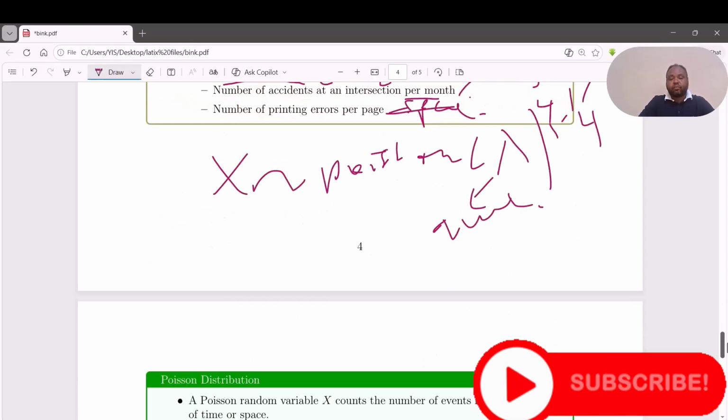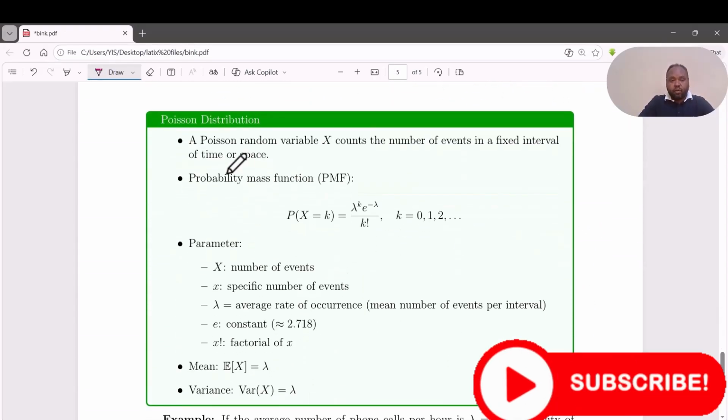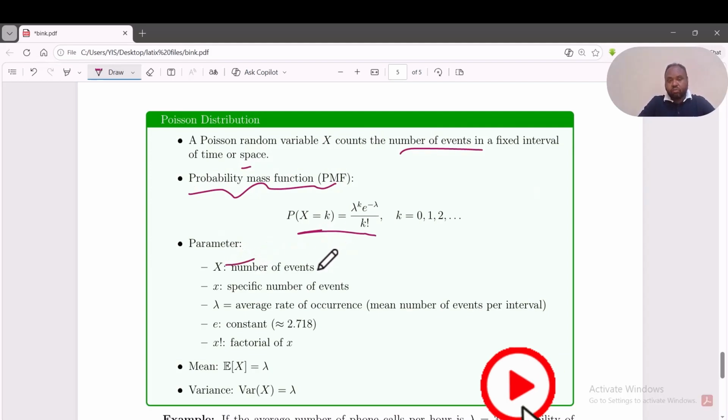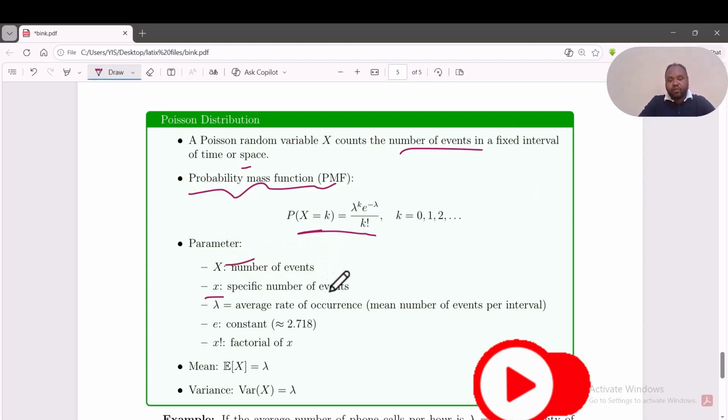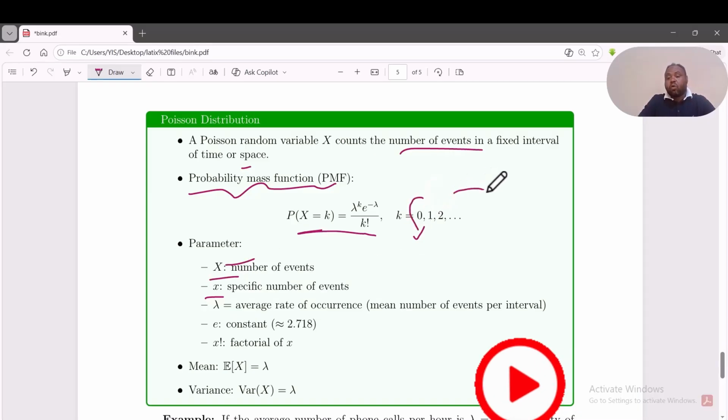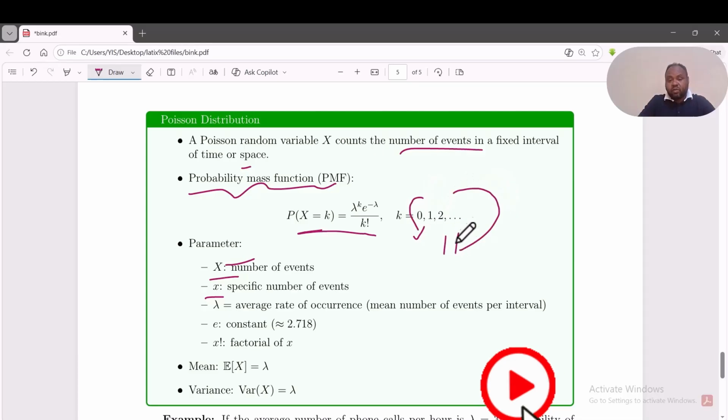So a Poisson random variable X counts the number of events in a fixed interval of time or space with the probability mass function given here, where k is the number of events. Now k is the specific number of events, when k is 0, when k equals 1. We are talking about a specific number of events, whereas X is the number of events that collectively consists of all possible values.